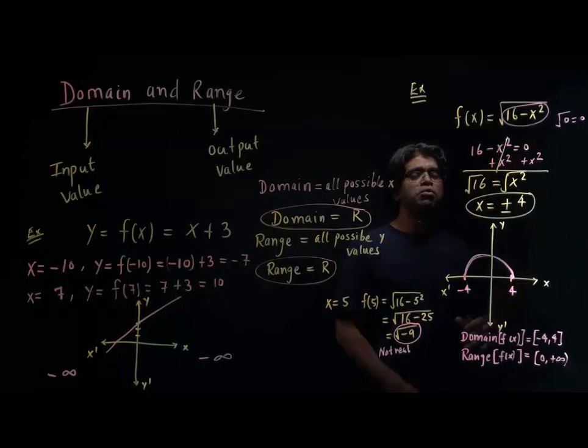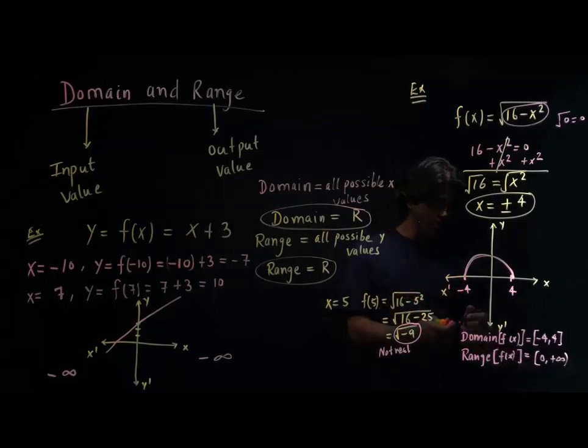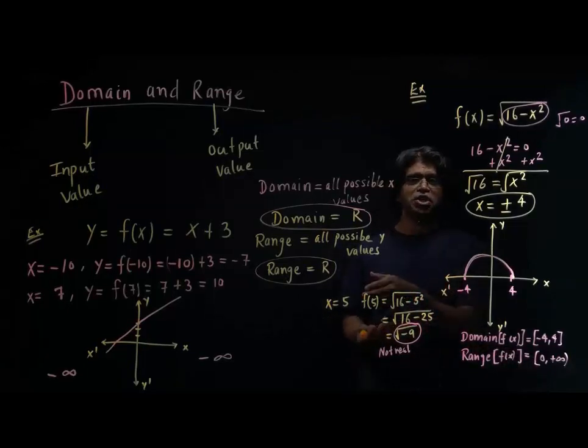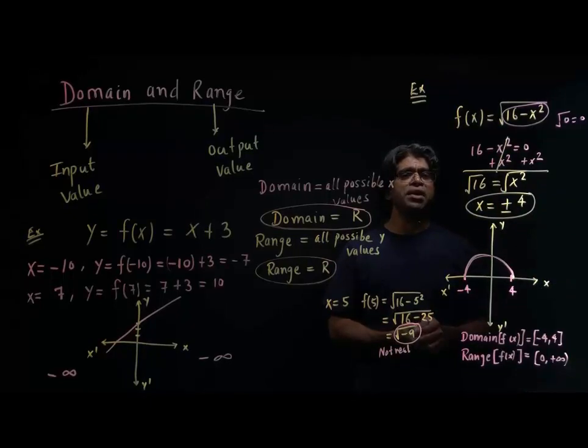But I would not be able to find the square root of any value that is less than 0. So the range of this function starts at 0 and goes all the way to positive infinity. And this is how we will find the domain and range of any given function.